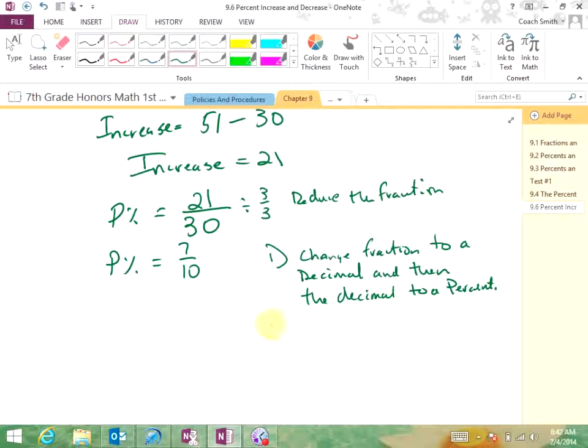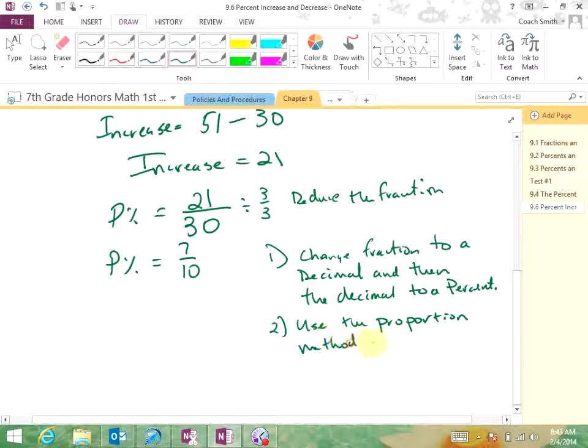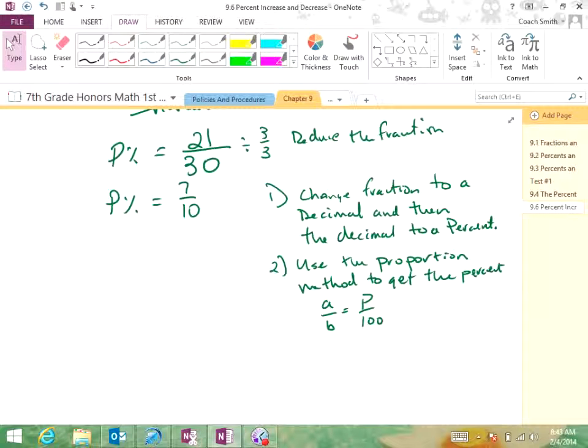Okay, that's step number one. Step number two, use the proportion method to get the percent. In other words, A over B equal P over 100. Okay, I'll show you both ways.